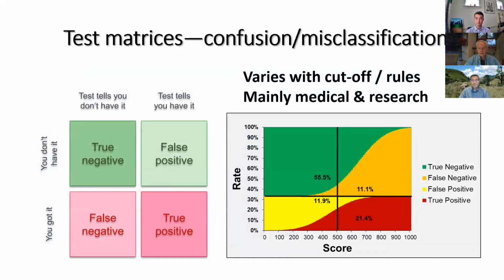And then you get into the test matrices: the false positive, the false negative, misclassification matrix, confusion matrix. They go by different names, but this is the stuff you typically associate with medical tests. But the one thing about medical tests and those types of environments is that you don't know what the true population is. You have got no idea.